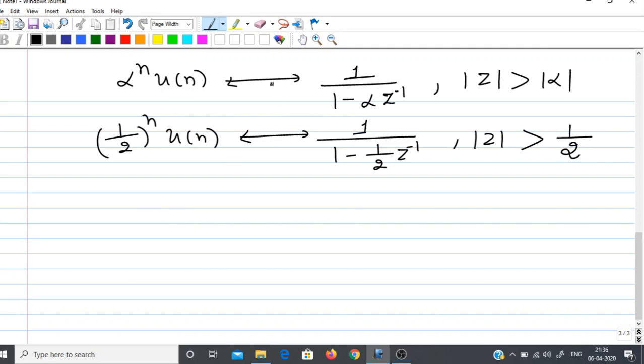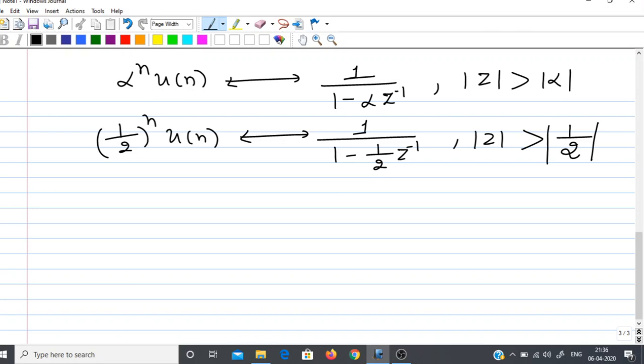So where I have made changes, here you see that this half is replaced by this alpha, and this mod z greater than half, or you can say it is mod z greater than mod half. So mod of half would be half only. So what I have done, this mod of half is replaced by mod alpha.